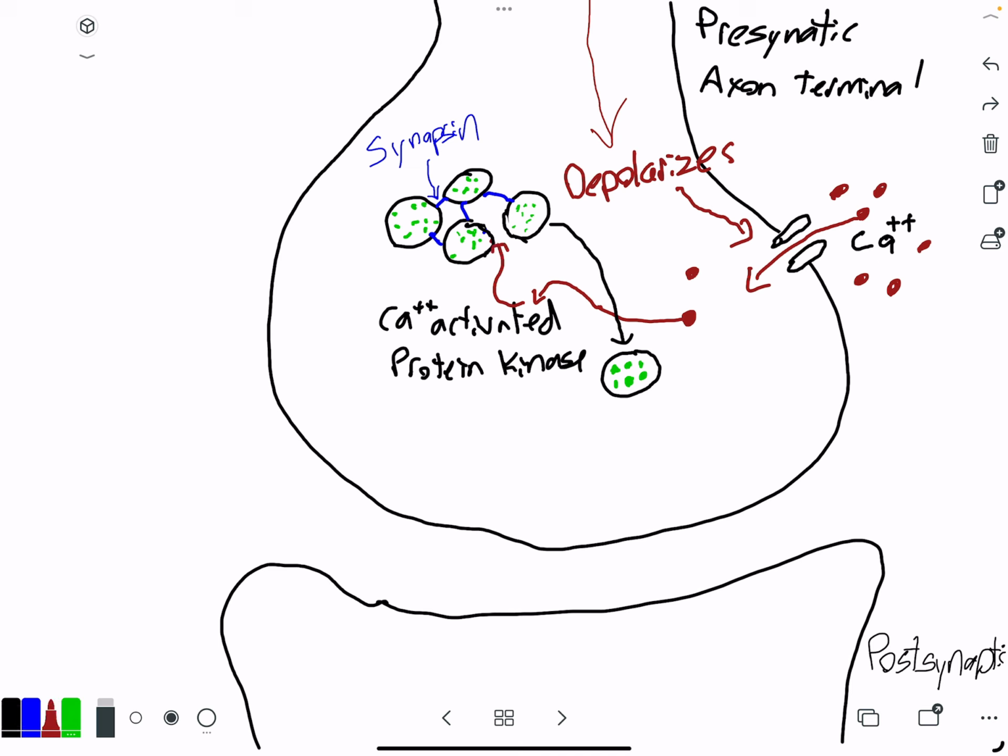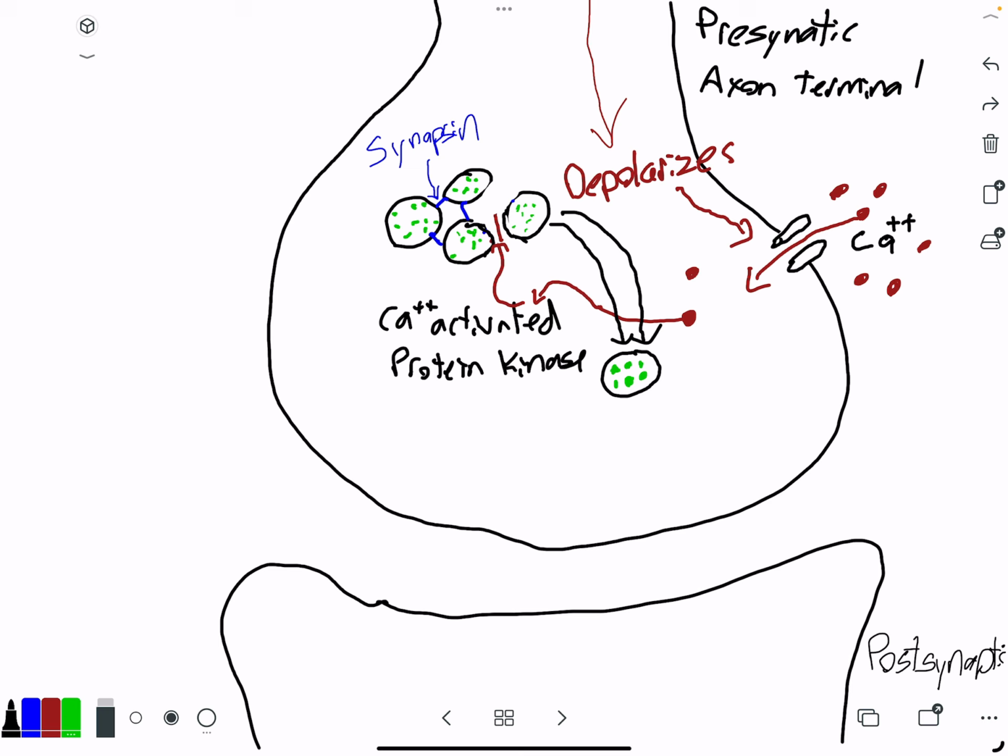It breaks up that one, and it would break up this one as well, disconnecting synapsin from the vesicles, and the vesicle is now free to move down, near the membrane in our presynaptic terminal here.